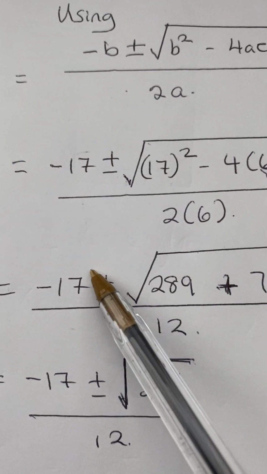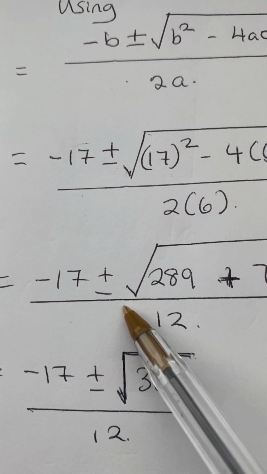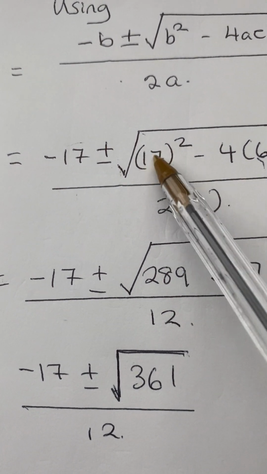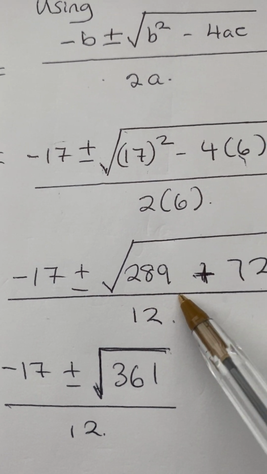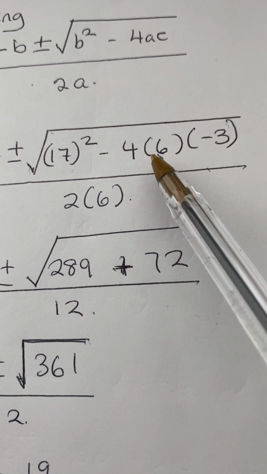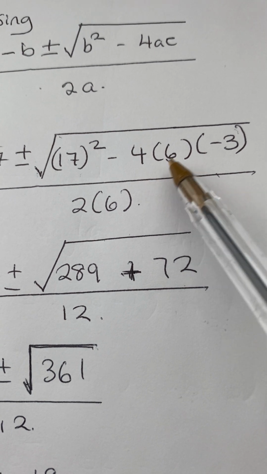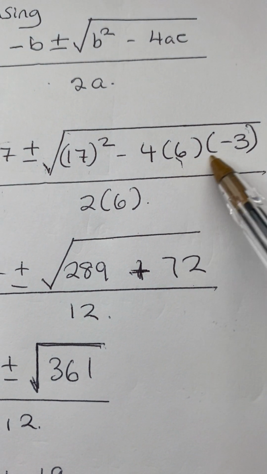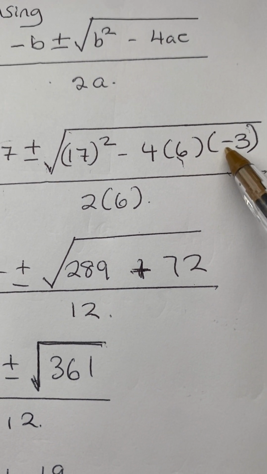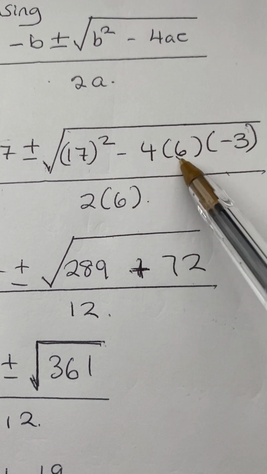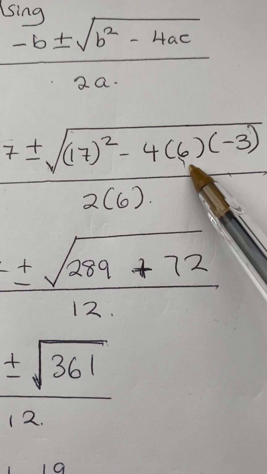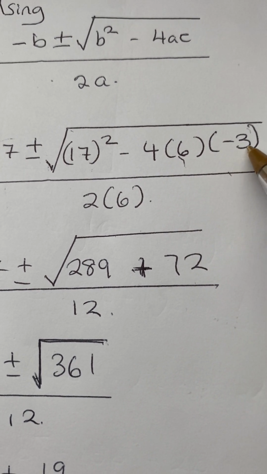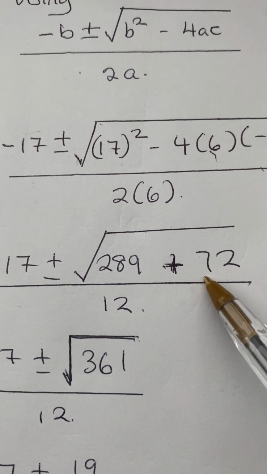So -17 plus or minus the square root of 17 squared is 289, minus 4 times 6 is 24, times -3, which will be 72.